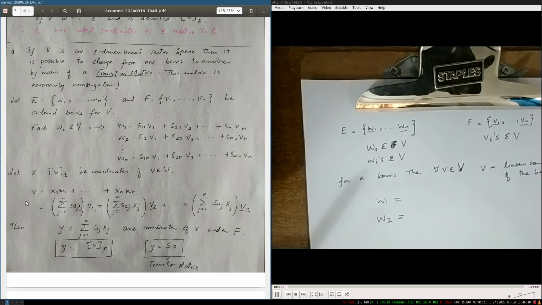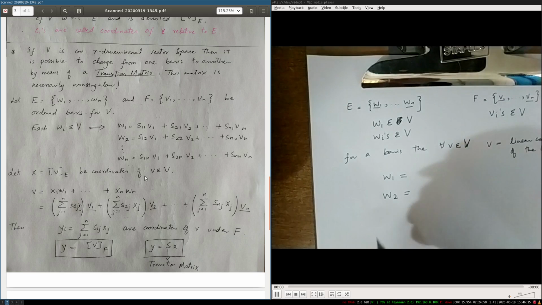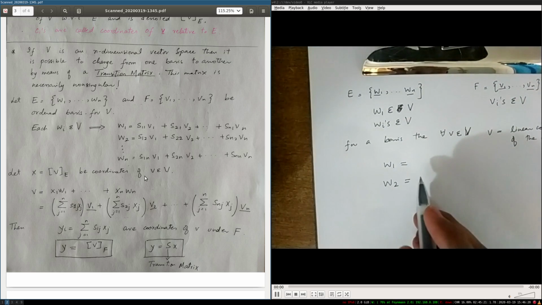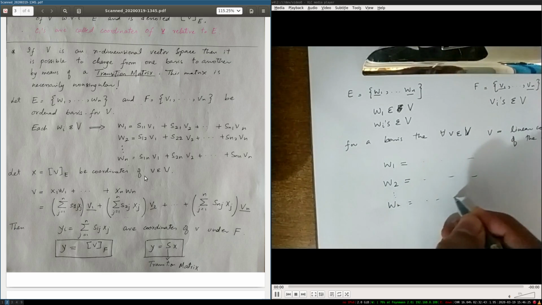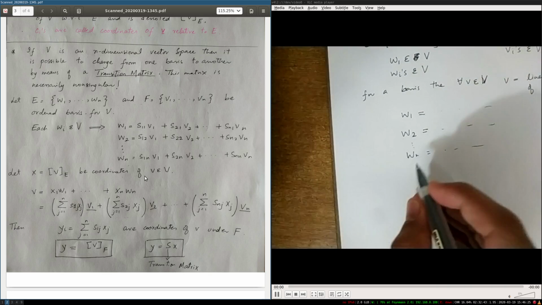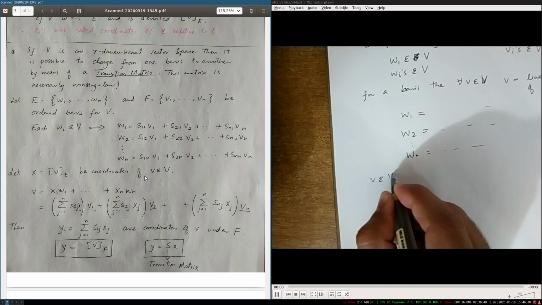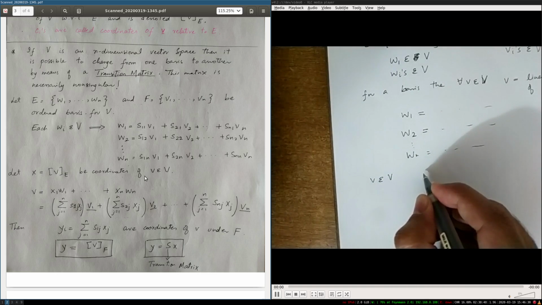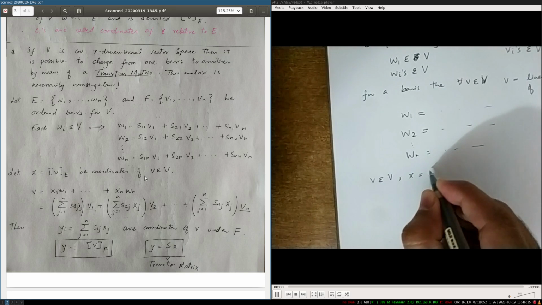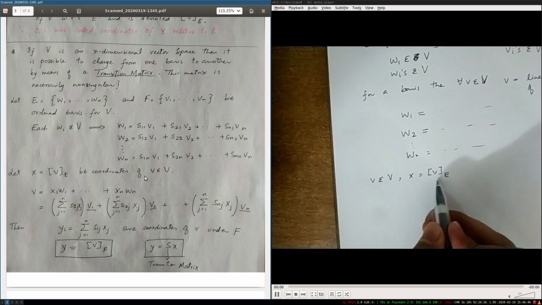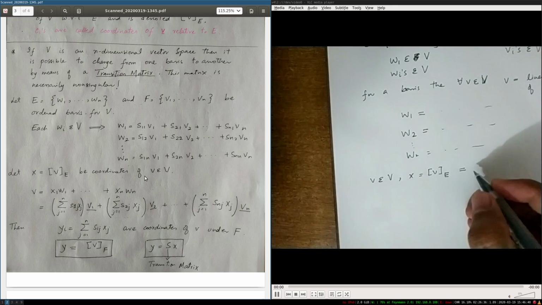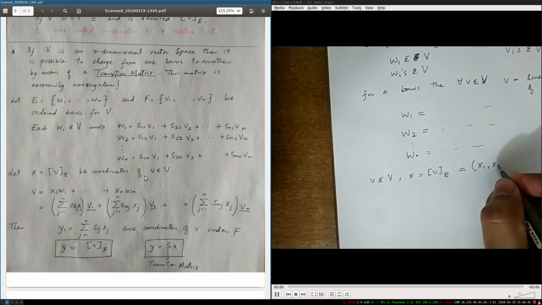Now let's suppose we have some representation of a vector V. These are already written, up until Wn. Let's suppose we have a vector V and I have some coordinate representation of it, that is, I am saying that this is basically x1, x2 up until xn.